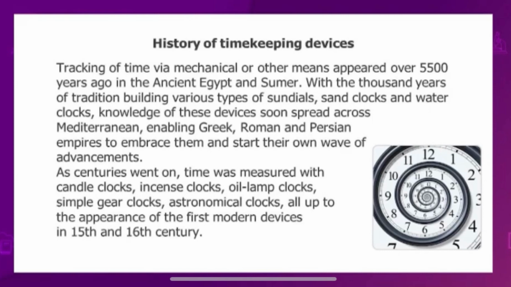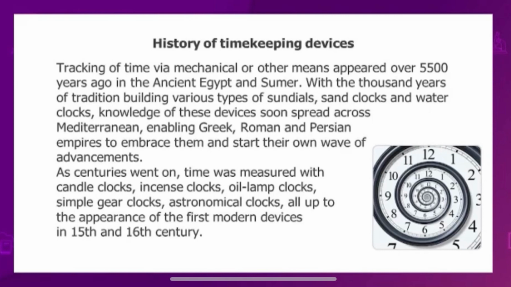History of timekeeping devices. Tracking of time via mechanical or other means appeared over 5,500 years ago in ancient Egypt and Sumer. With the 1,000 years of traditional building of various types of sundials, sand clocks and water clocks, knowledge of these devices soon spread across the Mediterranean, and Greek, Roman and Persian empires embraced them and started their own wave of advancements.